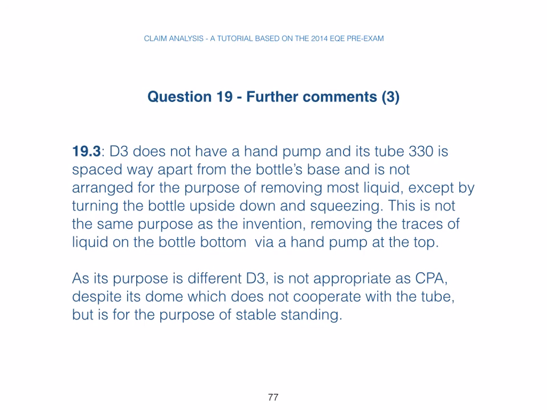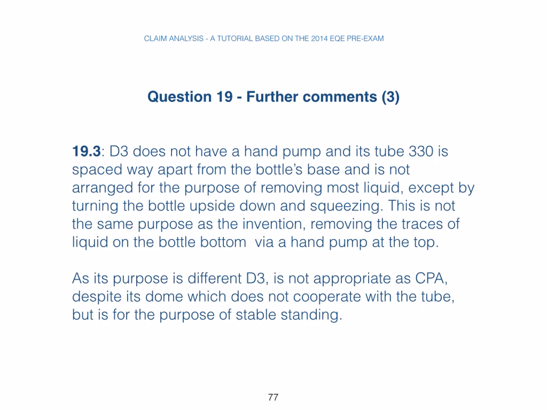Concerning D3 and 19.3, D3 does not have a hand pump, and its tube 330 is spaced way apart from the bottle's base and is not arranged for the purpose of removing most liquid except by turning the bottle upside down and squeezing.